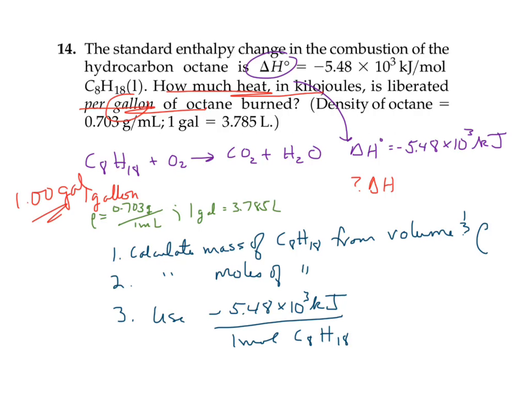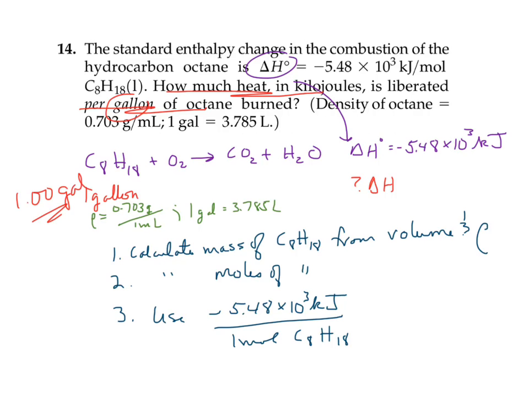So what you're first tasked with, actually I have this as step 1, is you got to take that volume and get ultimately to grams from that volume. We know that you can use the densities given, okay? So use the density, and in fact they went ahead and gave you the English to metric conversion between gallons and liters here, because you'll need that to get to grams of the C8H18.